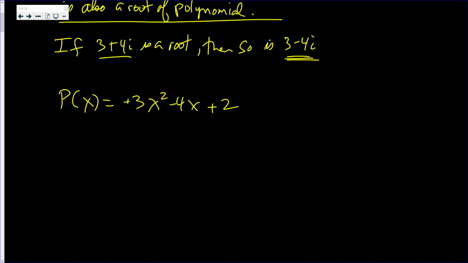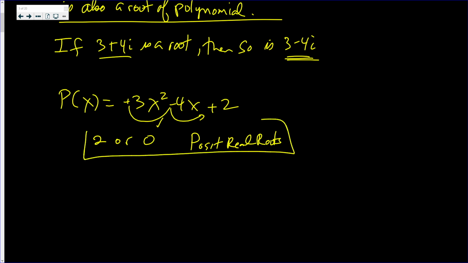The first term is understood to be positive. There's a sign change here and here. So when it comes to positive real roots, there were 2 sign changes, and you can always go down by 2. There will be either 2 or 0 positive real roots.